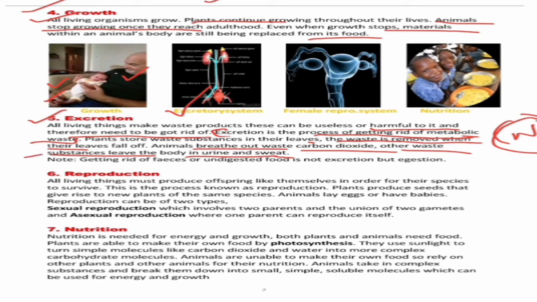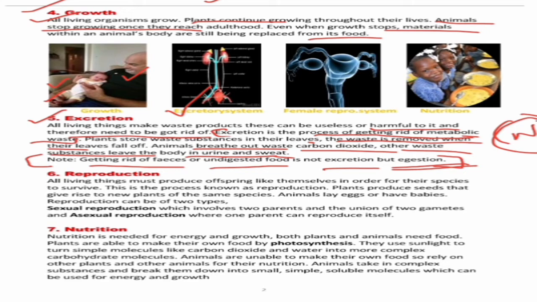Now please make this note: getting rid of fecal matter or undigested food is not excretion. Remember, fecal matter being passed out is part of egestion, not excretion. Undigested food is part of the process of digestion. So many a time this can be your confusion.